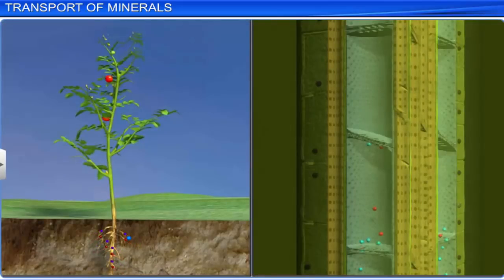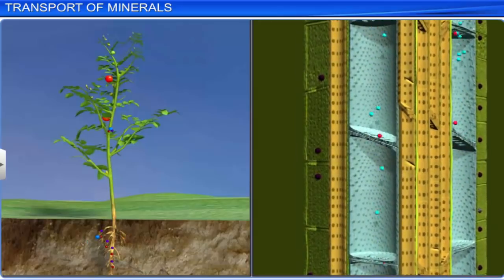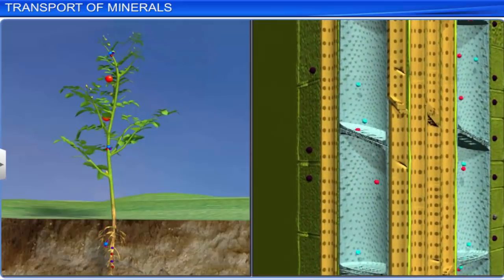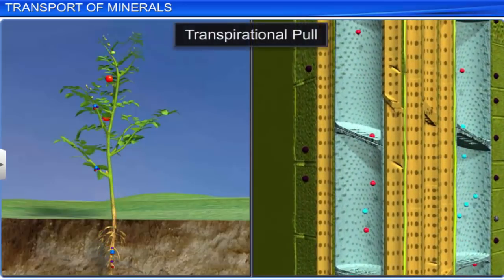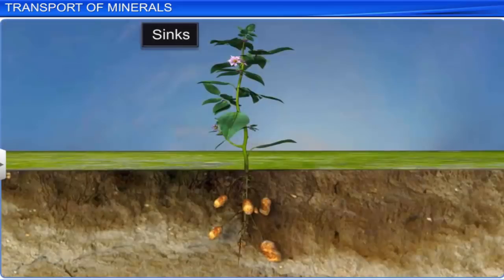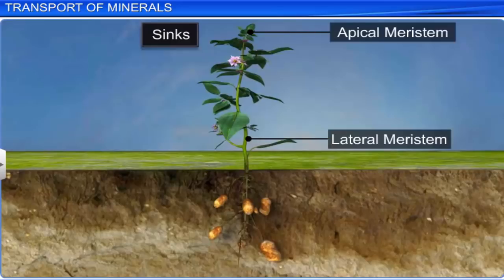After ions reach the xylem either passively or by active absorption, they are transported up the stem to the various sinks inside the plant body by transpirational pull. The sinks inside plants are usually found in its growing regions like apical and lateral meristems, young leaves, developing fruit, flowers and seeds, as well as storage organs.